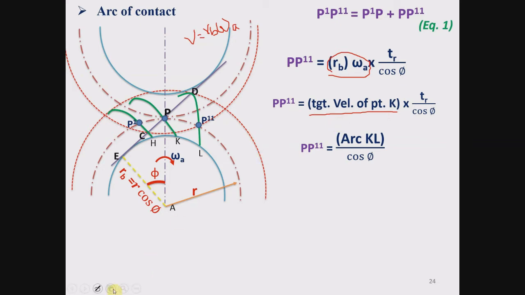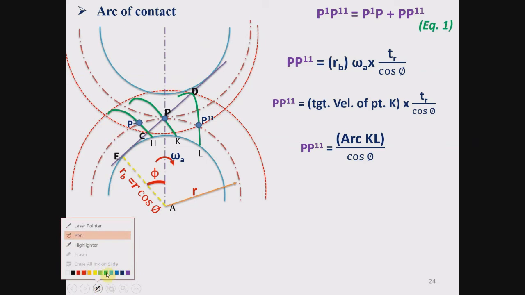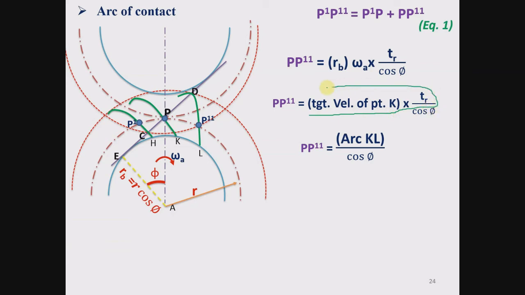Now again, what we can do now, velocity of point K into the time will give the distance covered by point K in time TR, correct? Of course, velocity of point K into the time required will give the distance covered by point K in time TR.